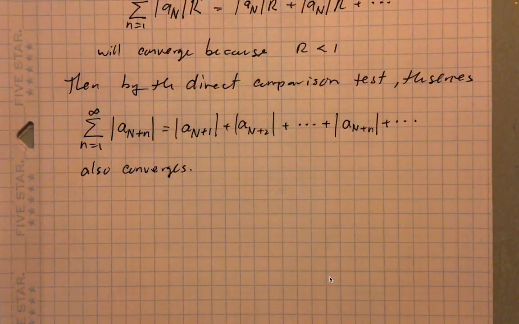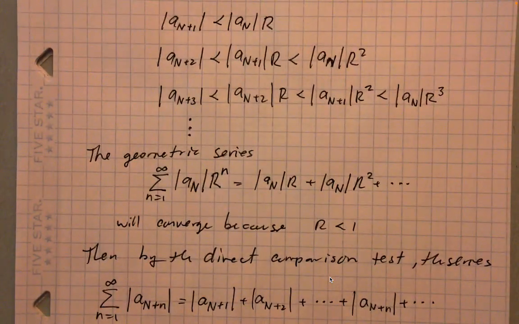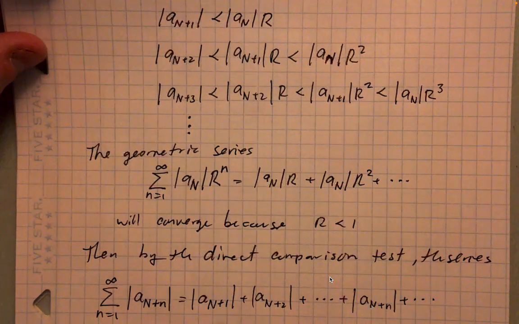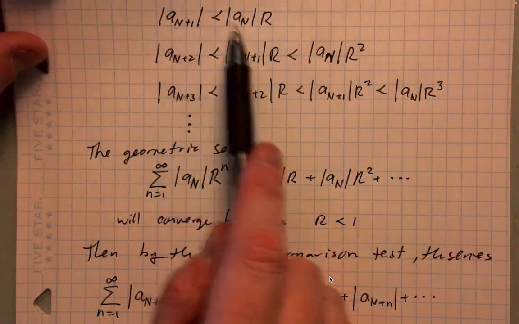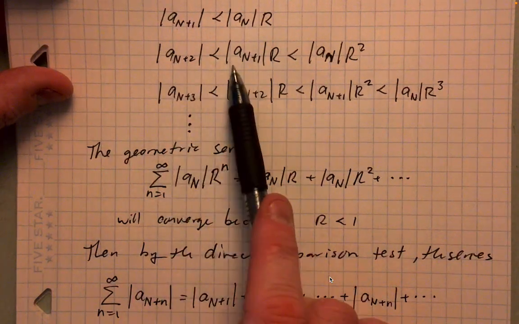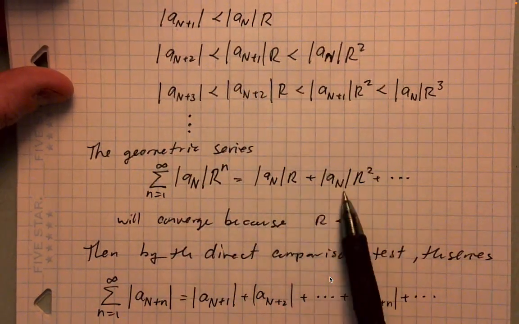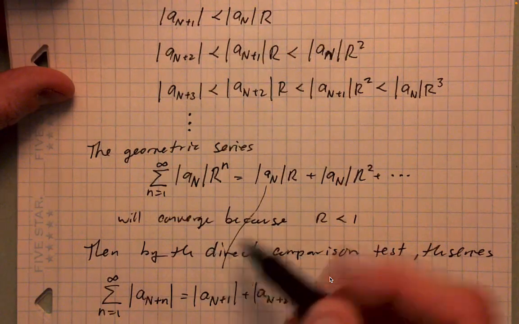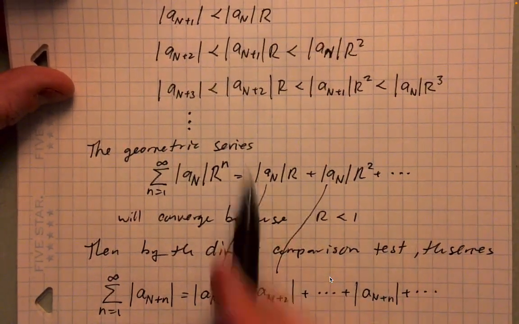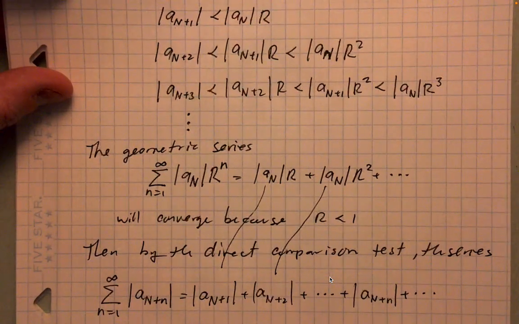Why is this one going to converge? Because of the inequalities we just set up. a of n plus 1 is less than a of n times r. a of n plus 2 is less than a of n times r squared. So term by term, the direct comparison is going to work here.